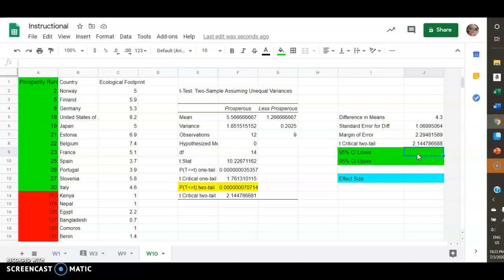And then similar to what we did in the confidence interval week, the lower limit of the confidence interval is just our average difference in means, so our difference in the two averages, minus this margin of error, and the confidence interval upper, put an equal sign.